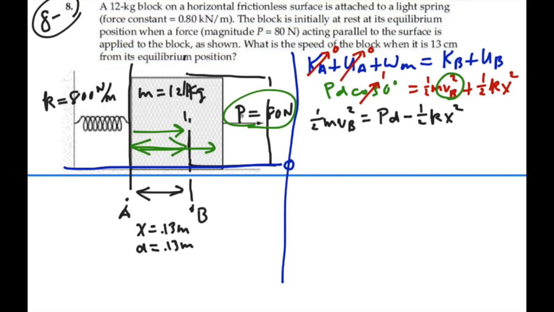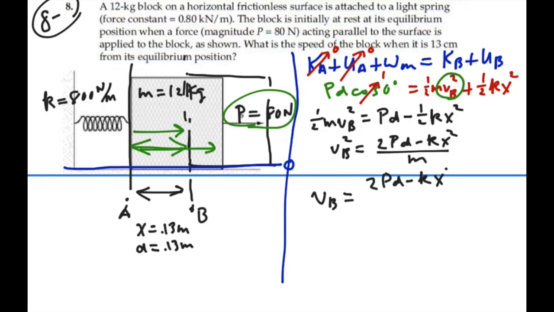So if I multiply both sides by 2 and divide by the mass, I'm going to have that the velocity of B squared is equal to 2Pd minus kx squared, divided by the mass. Take the square root now of both sides. So the velocity of B is going to equal the square root of 2 times P times d minus kx squared, over the mass.